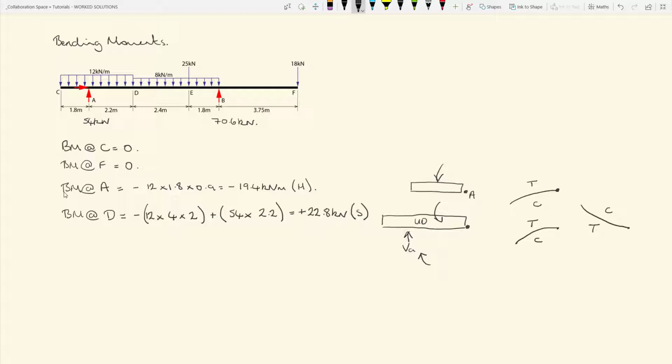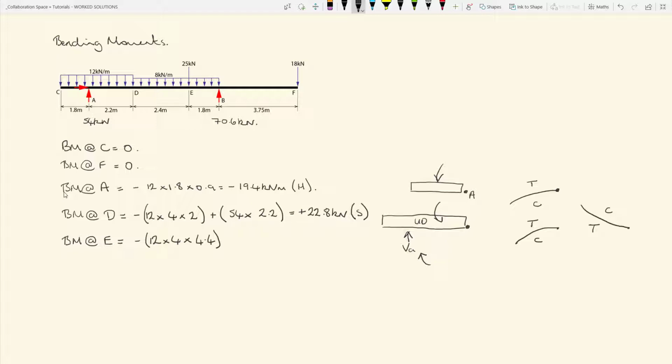We can now go on and do the bending moment at E. Again, carrying on exactly the same principle, we have minus 12 times 4 times the lever arm of 4.4 meters. So that's for the 12 kilonewton load, because it is causing tension in the top and compression in the bottom of the beam.